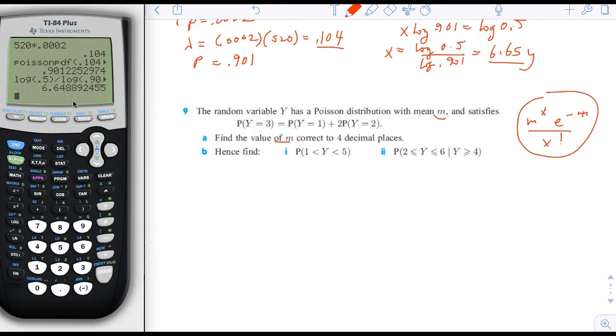Since we don't know what m is, we're going to have to use x equals 3, x equals 1, x equals 2 to write out kind of a big equation, and then we're going to have to probably use algebra to solve that.